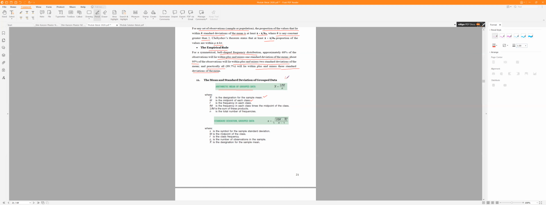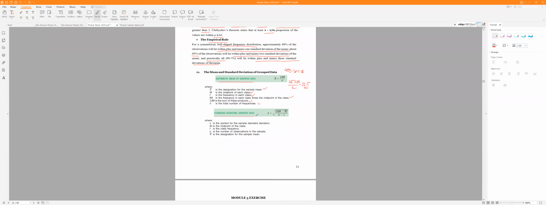So for 20 to 25, how do you count the midpoint? That's so easy. 25 plus 20 divided by 2, that's 22.5. So this is the midpoint. F is the frequency in each class, and FM is just F times M. And the sum of F times M divided by n, which is the total number of frequencies.